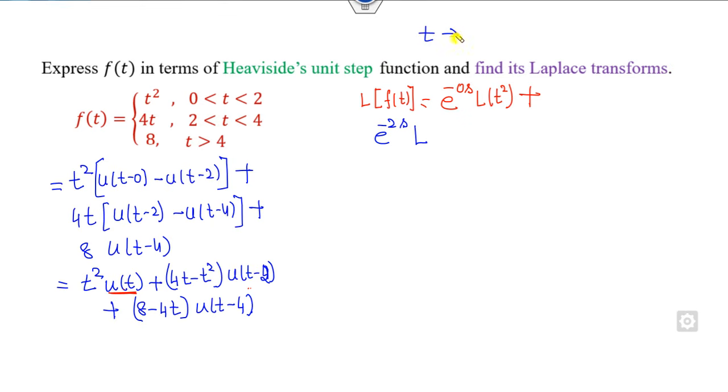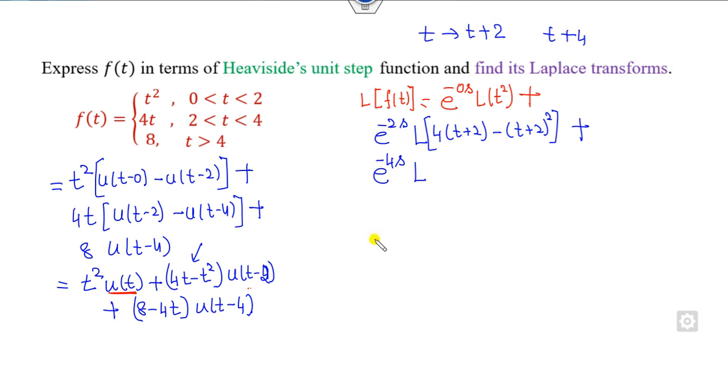I can replace the small t by t plus a. A is my 2 here, so 4 times t plus 2 minus t plus 2 whole square, plus a in this case is my 4, so I can replace by t plus 4. So it is 8 minus 4 times t plus 4.